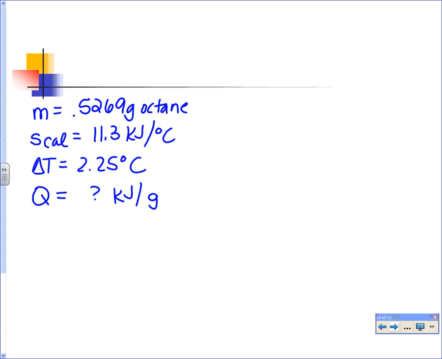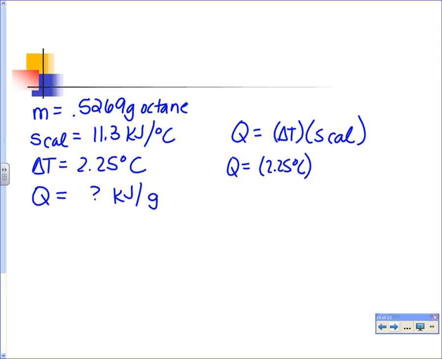This is a bomb calorimeter, and with a bomb calorimeter, the energy equals the change in temperature times the specific heat of the calorimeter. So remember, once again, that mass is not involved in this problem. So for our change in temperature, we have 2.25 degrees Celsius.